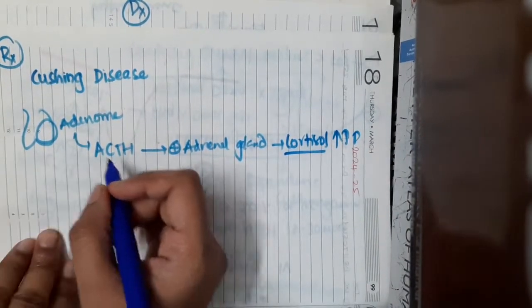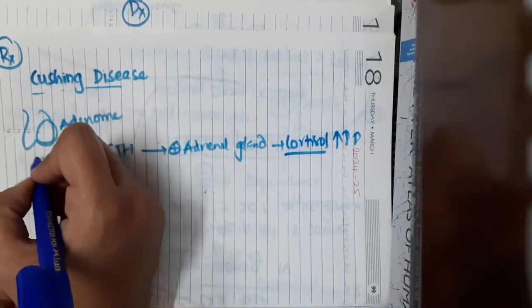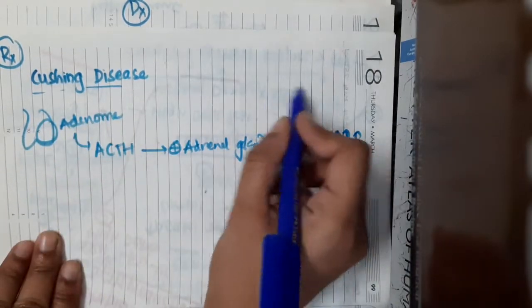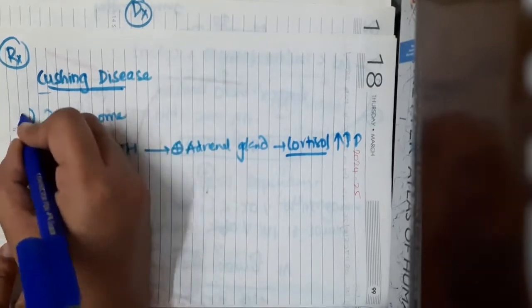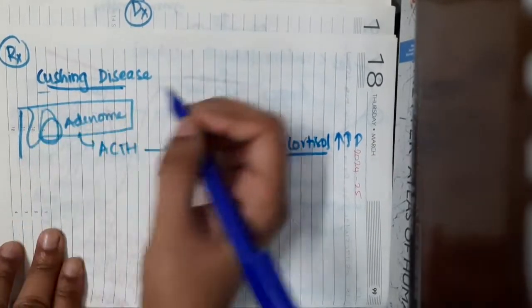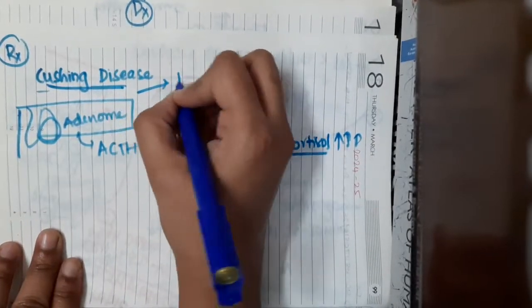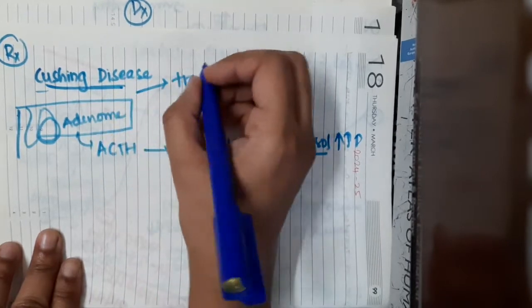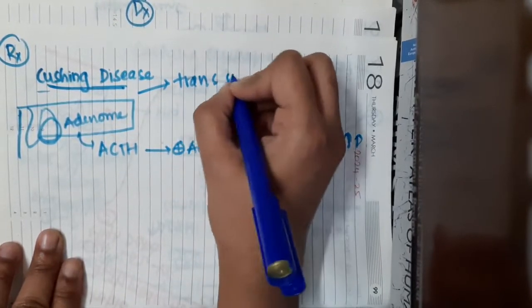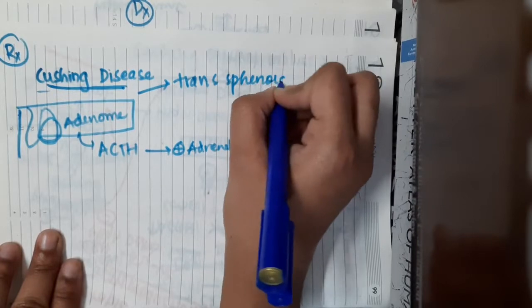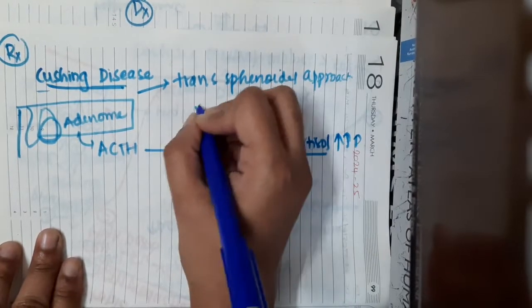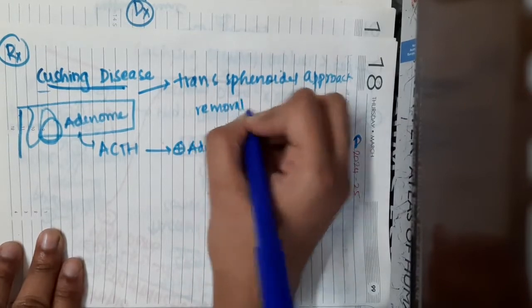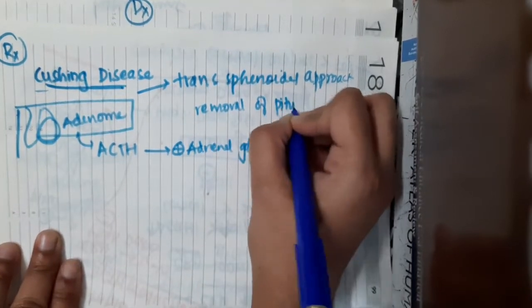This condition of pituitary adenoma resulting in Cushing syndrome is called Cushing's disease. Here you will have to remove this adenoma with the transsphenoidal approach.